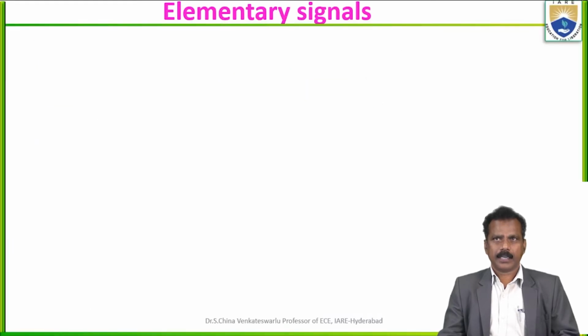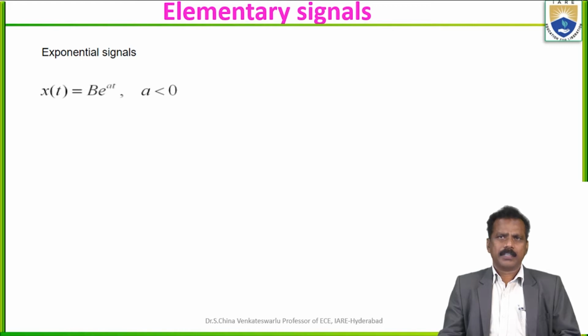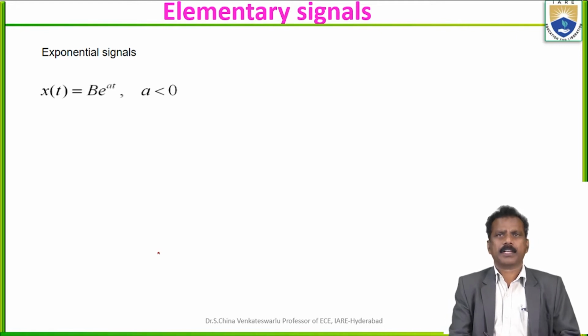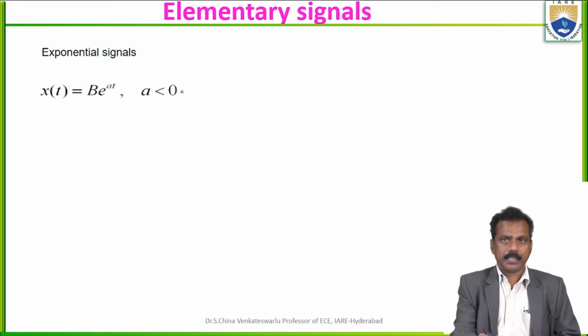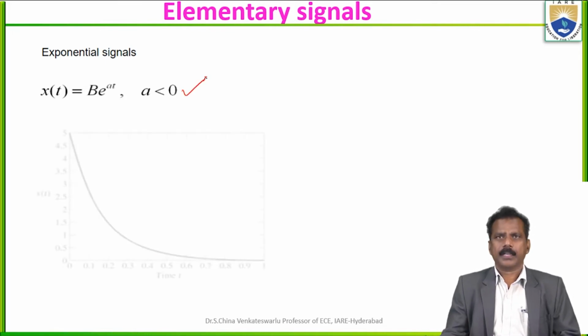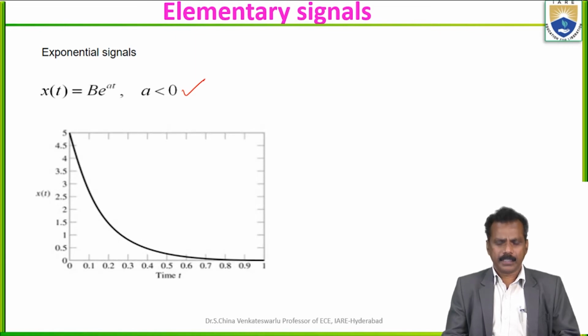Okay, next elementary signal, the exponential. In terms of mathematical expressions, x of t is equal to b into e power a t, where a is less than 0, from time t versus the continuous time signal x of t.